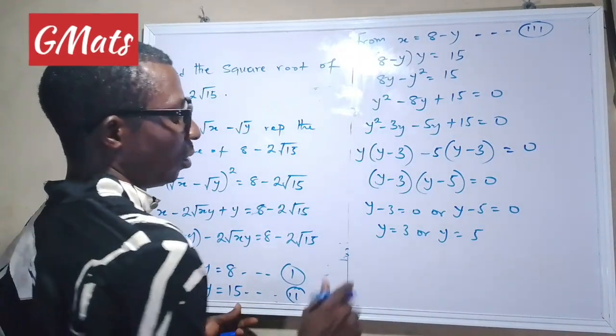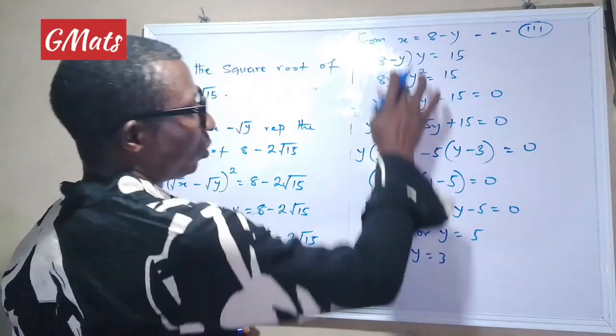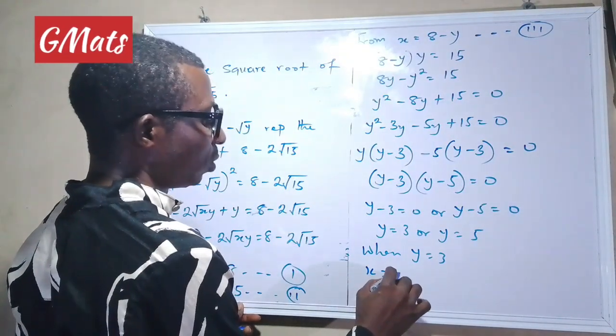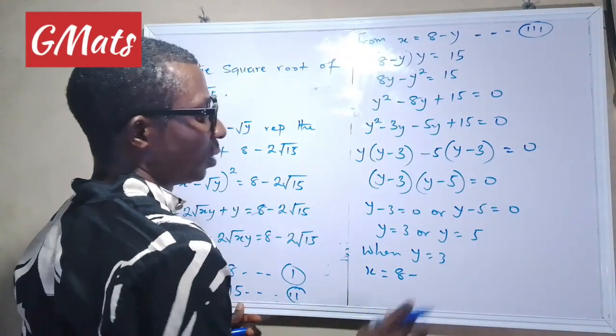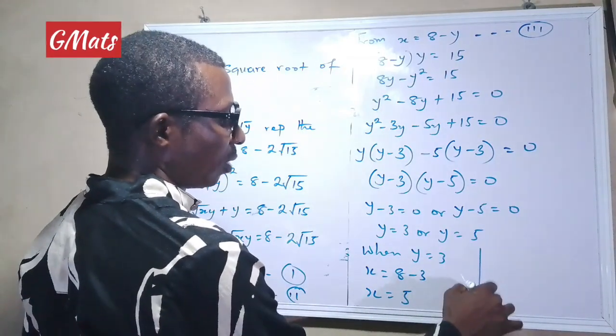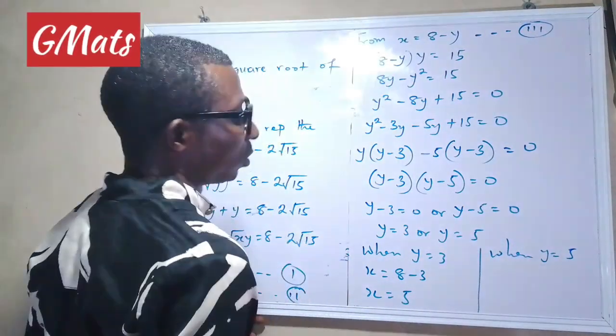When y equals 3, what is x? Let's come to equation 3. We have x equals 8 minus 3, and x equals 5.